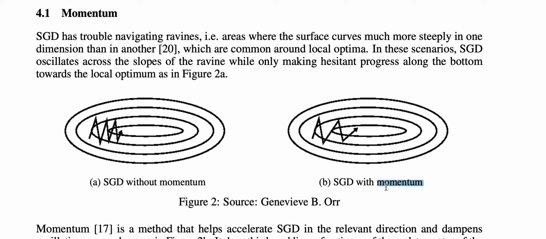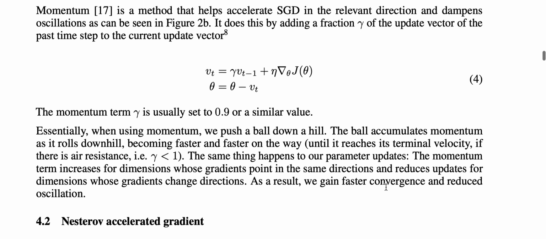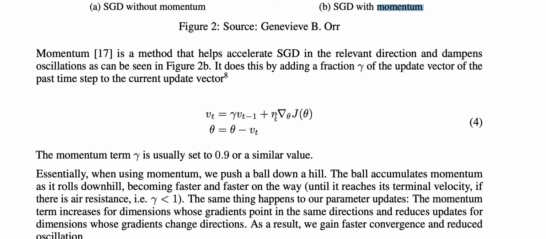And momentum takes into account the previous steps rather than just the last step. And the way it works is that it not only looks at the gradient, it looks at the rate it has changed in the previous step and has a memory of it. So it will just integrate the previous steps into the next step as opposed to only the last step.